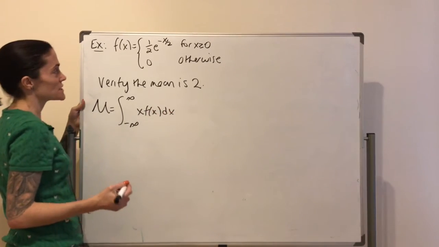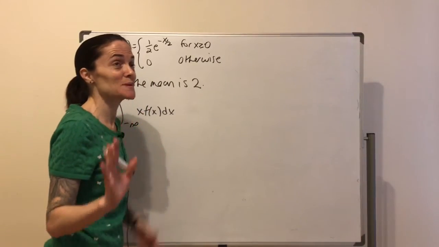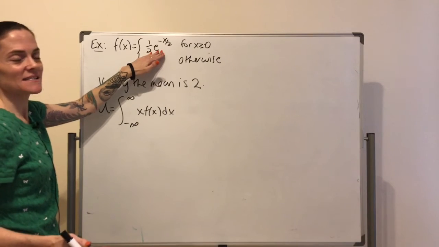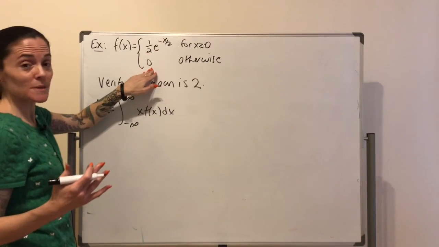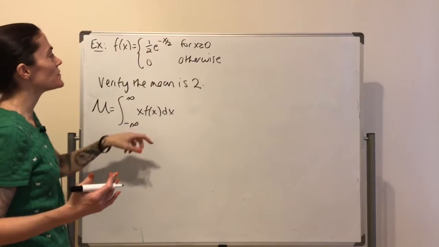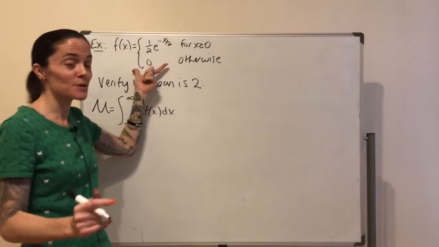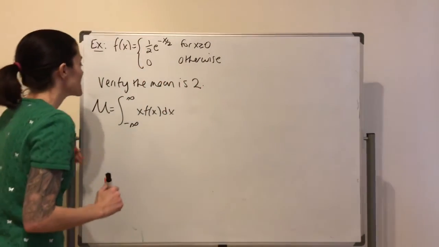In fact, I was just thinking about, I never even verified that this was a probability density function. Certainly it's always non-negative because e to any power is always positive, although it can also be 0, so this is always non-negative. Maybe that's an exercise for you to verify that this particular one has total area under the curve 1, okay?